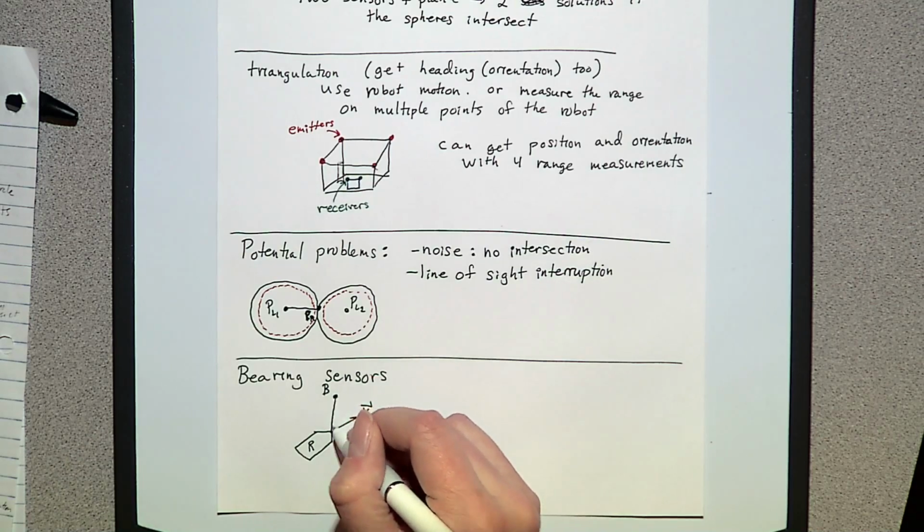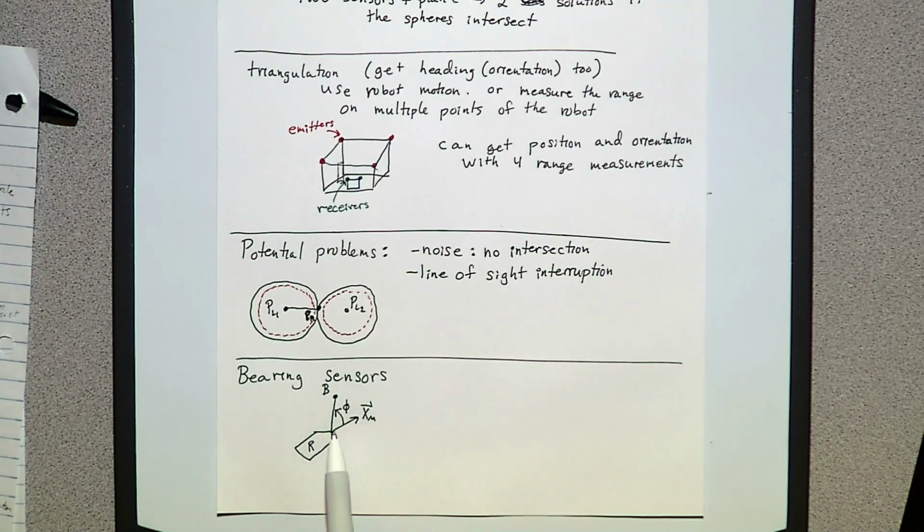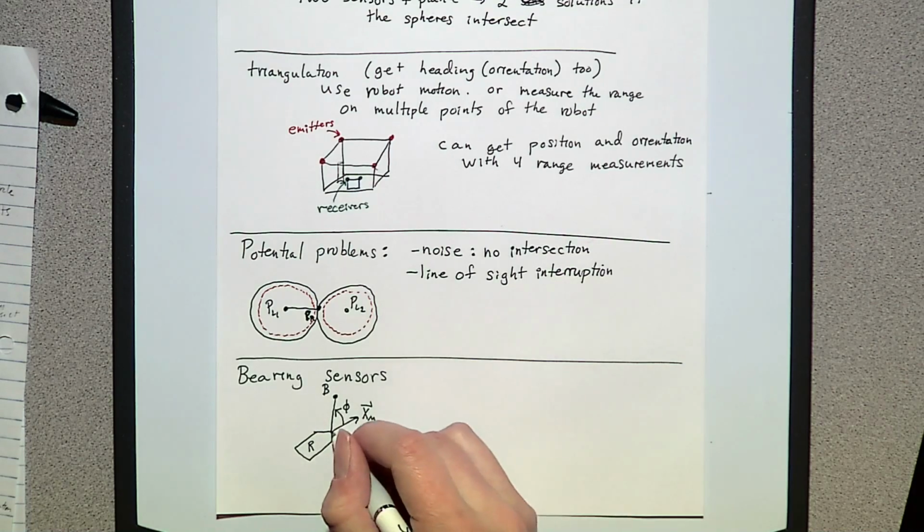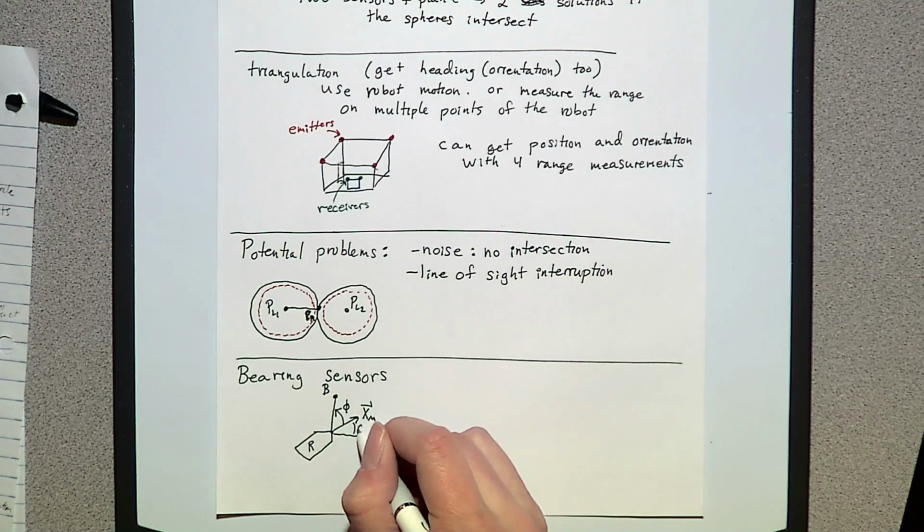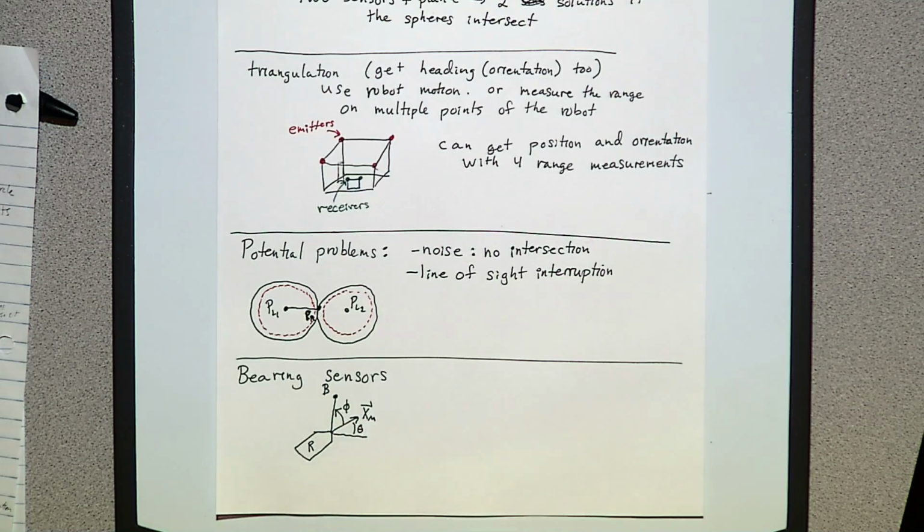And so this sensor would tell us the angle between the heading and the bearing landmark. And so what we're actually interested in is theta. So that's the theta relative to our fixed world frame.